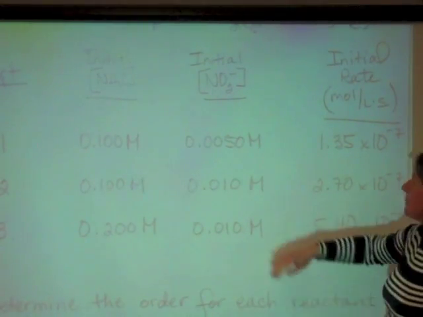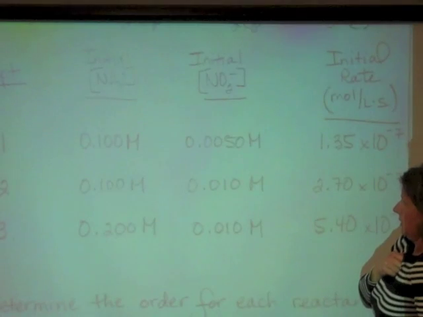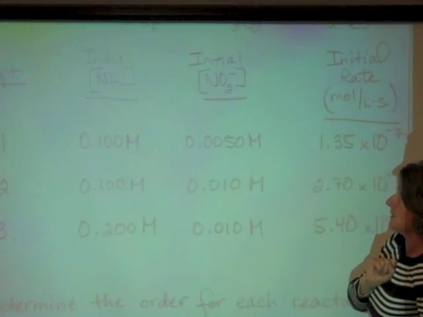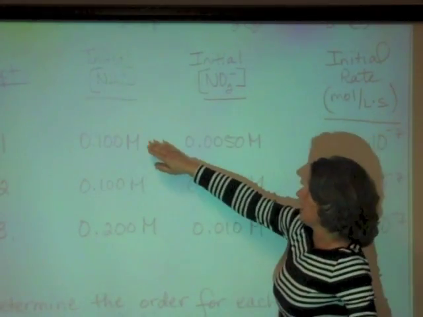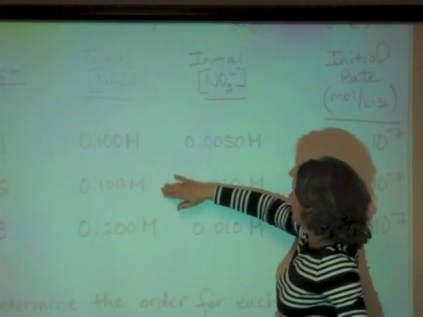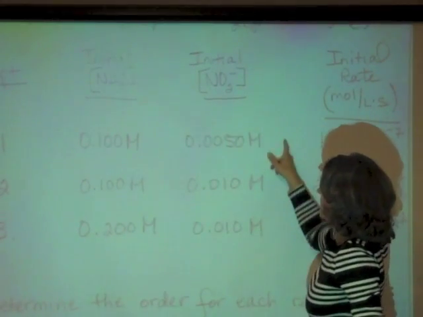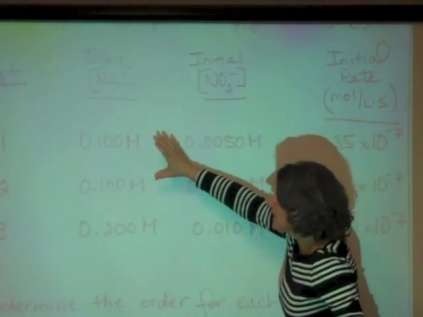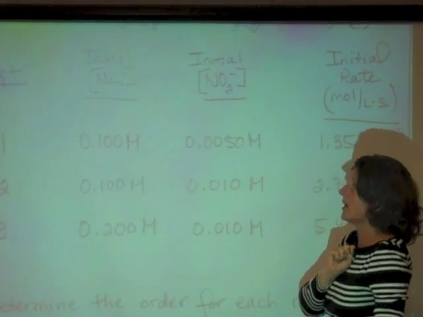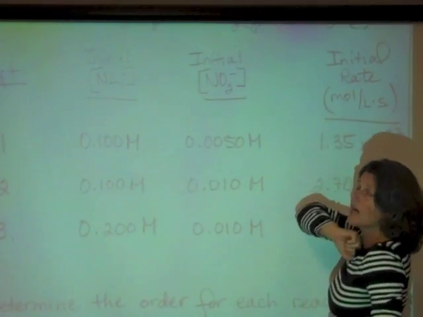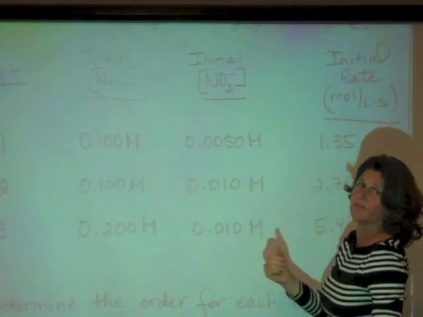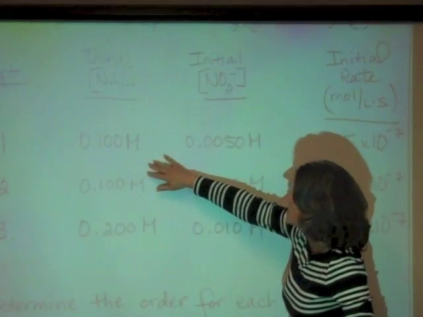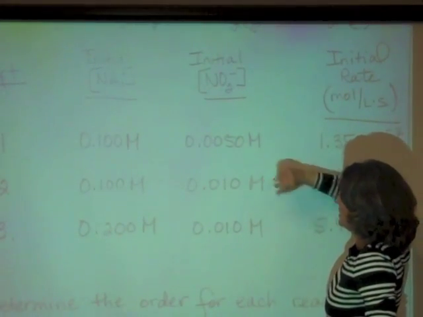Let's compare experiment 1 and experiment 2. We can only look at one reactant at a time, so we are going to look at these two to determine the order of nitrite in this reaction. The concentration of ammonium stays the same. It is the concentration of nitrite that's changing, so that's what has the effect on the overall rate. I'm looking for 2 experiments where ammonium stays the same and nitrite changes, and that's this.